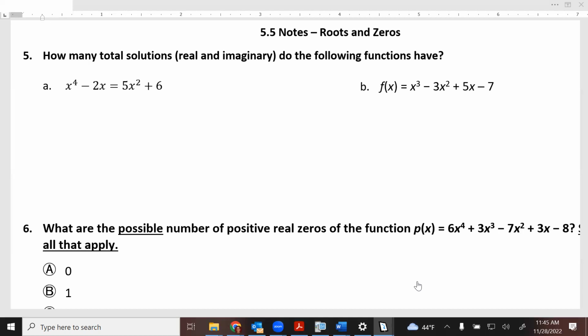When the remainder equals 0, then x minus whatever the number in the box is a factor of our polynomial.